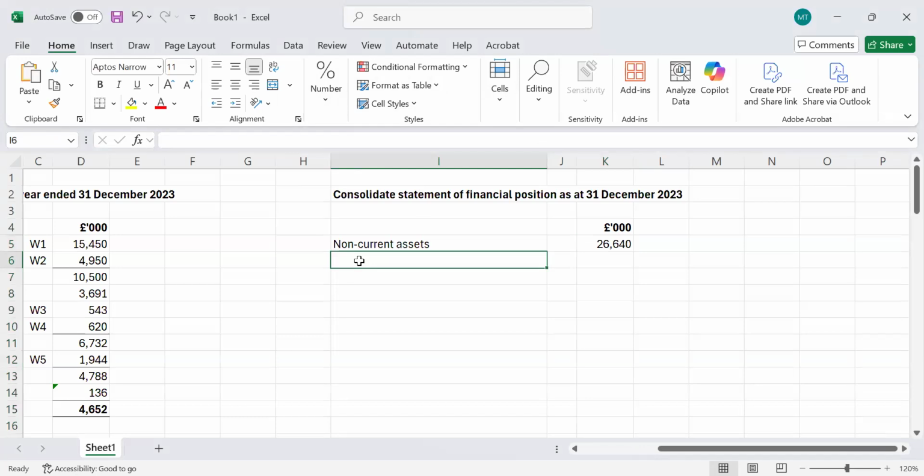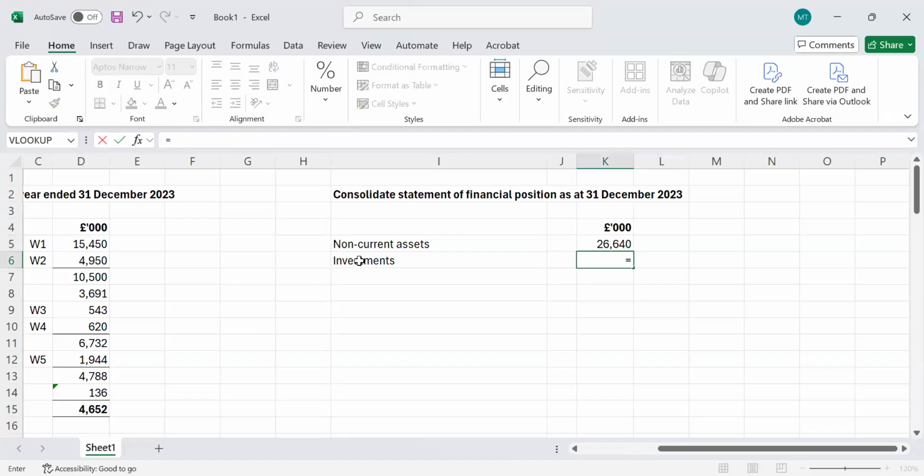Right, now the next item is investments. We will start with the parent's figure. The parent's figure is given as 9,320, 9.3 million. Of course, this will be adjusted. Why? Because the parent has invested in the subsidiary and associate. So the cost of the investment will be removed from this 9,320 figure.